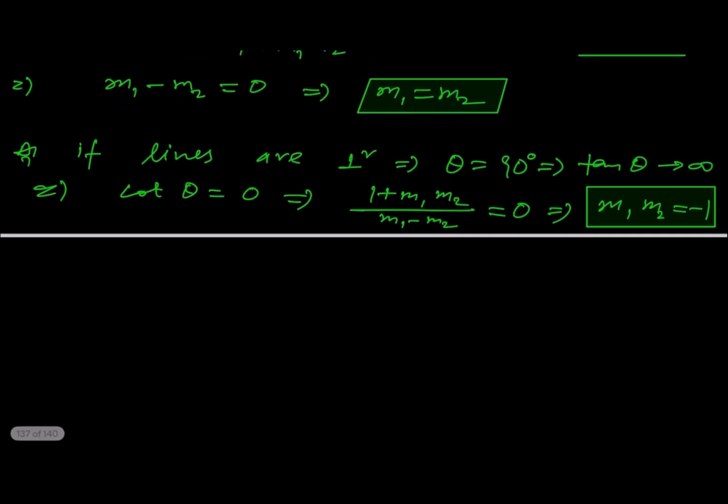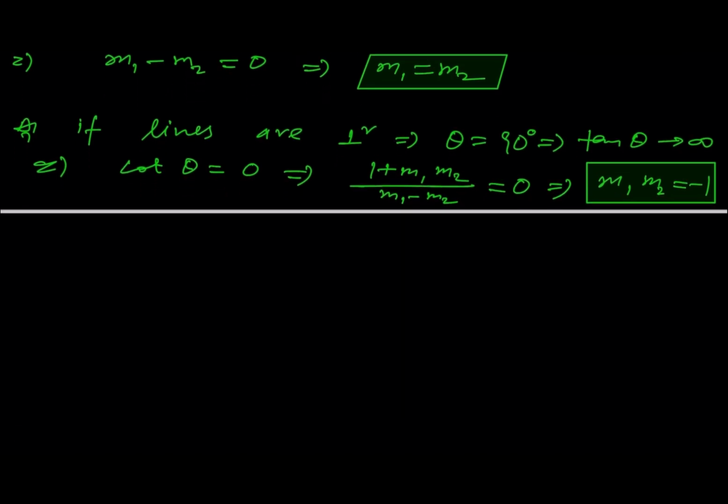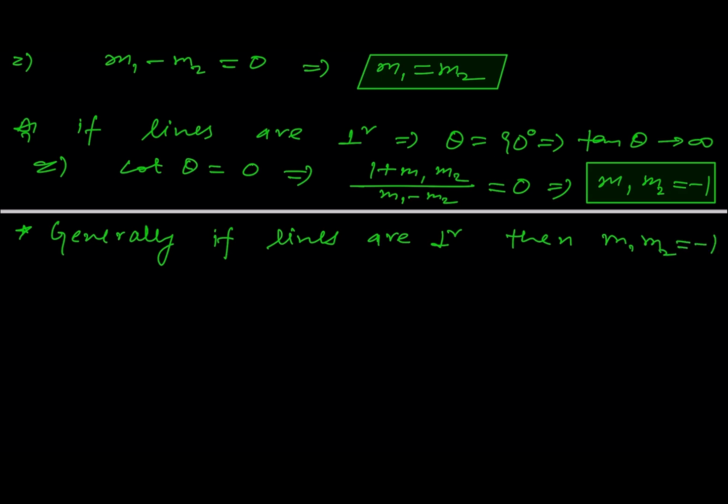Okay, why I said in general, this thing will be clear by taking an example. First, write generally if lines are perpendicular then m1 m2 is equal to minus 1, but not always, right?